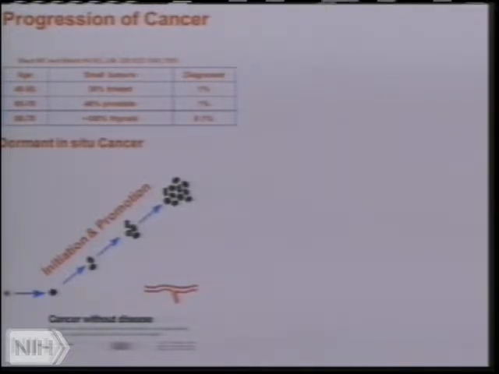So there is data to support these dormant in situ cancers, which are again fully tumorigenic cells that could develop into tumors, but they don't. There are some interesting studies where they take these lesions and put them in a different environment, and then these lesions are able to grow into clinically relevant tumors.